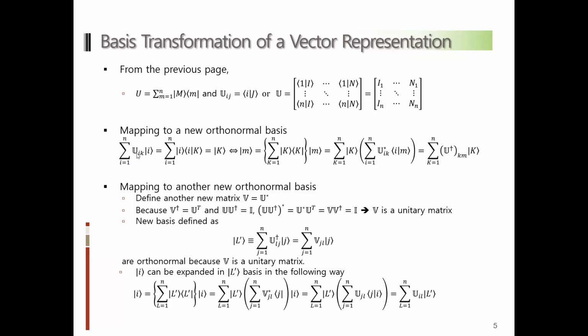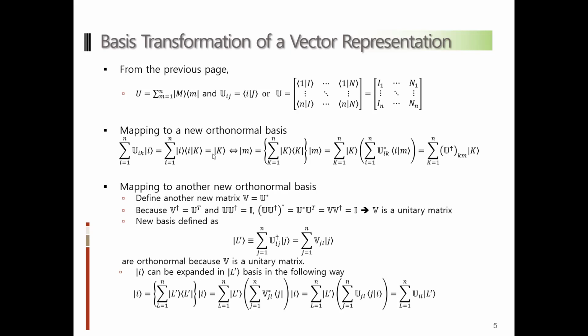The proof of the first case is simple because we already have the definition of the unitary matrix in this form. So all I have to do is replace this one with this definition. Here it is I sub U sub I K, so it is replaced by I capital K. Now it just turned out that this looks like a completeness relation, and this is actually the identity.